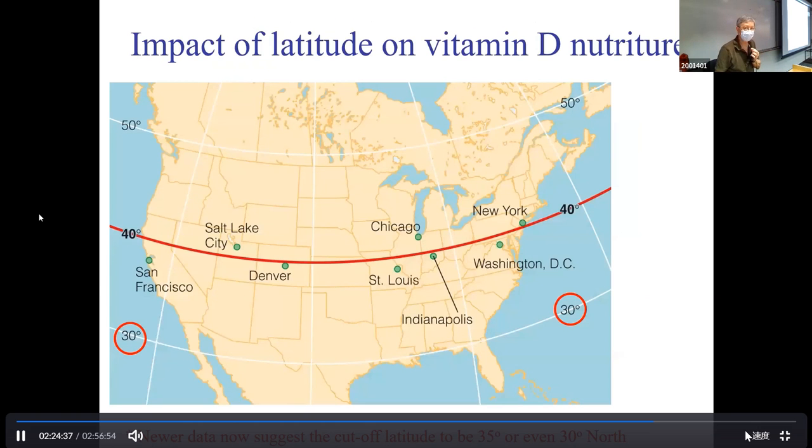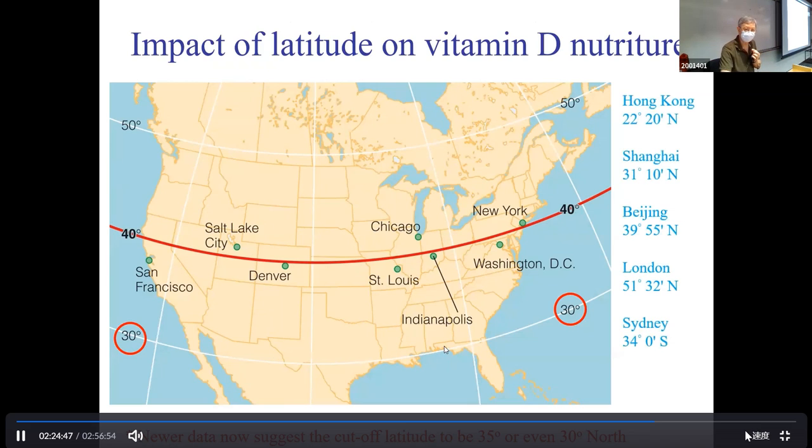Now, this is the latitude effect. Before we said 30 degrees, now sometimes we say 40 degrees latitude. So what is this? The further north you are, the less sunlight you receive, and the longer the winter time.